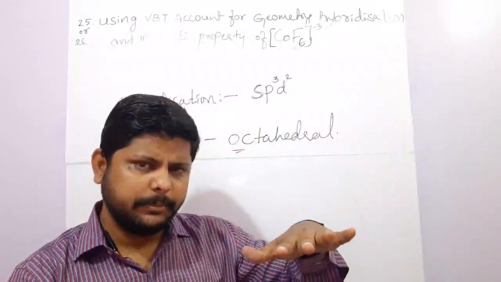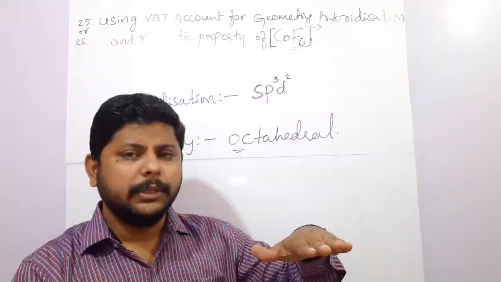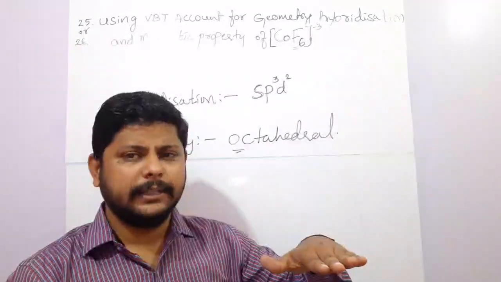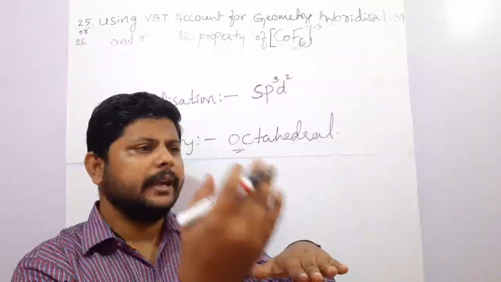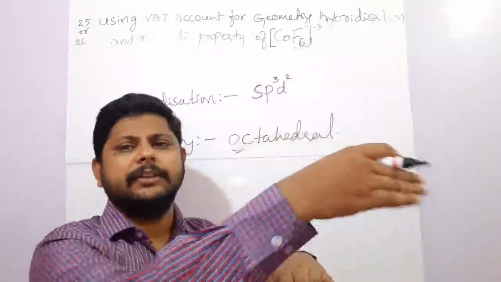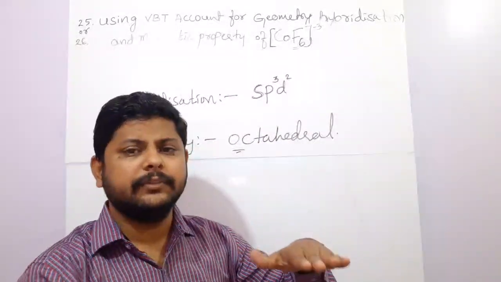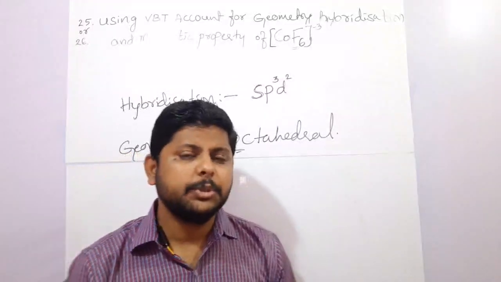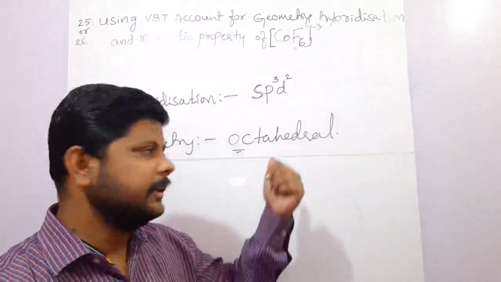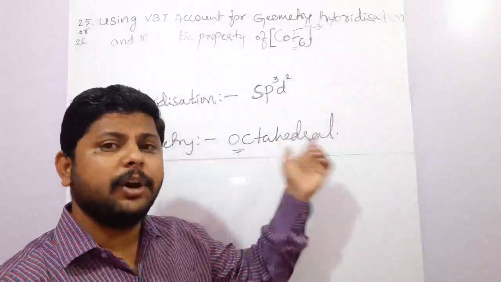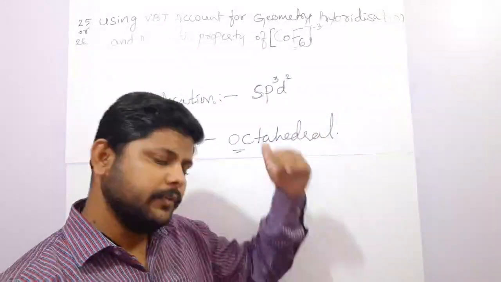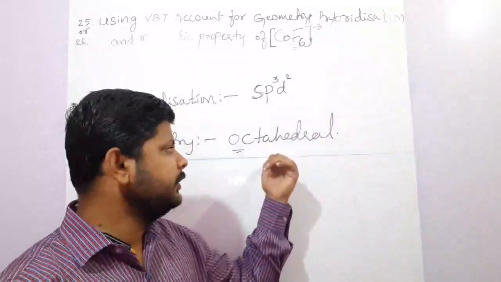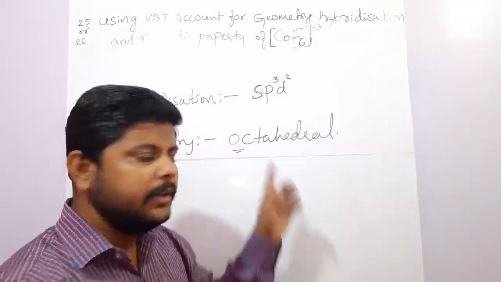One ligand is above the plane and one more ligand is below the plane. If you join all the points, you get four faces above the plane and four faces below, so there are a total of 8 faces. So the geometry is called octahedral. For 6 ligands, sp3d2, octahedral, remember this.